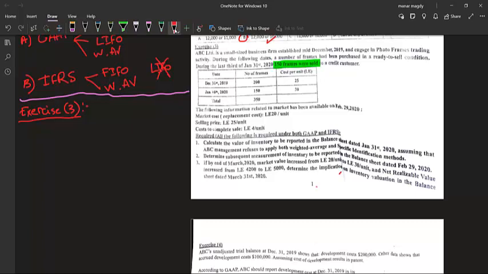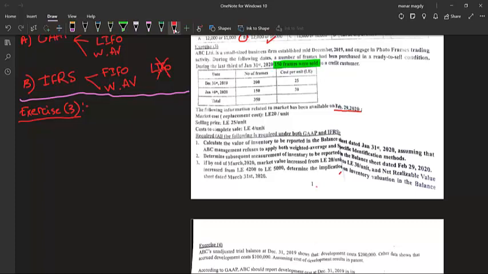And on January 16, 2020, it made 150 frames for 30 LE per unit. That is the cost, okay? So the total number of units in its inventory is 350 units.